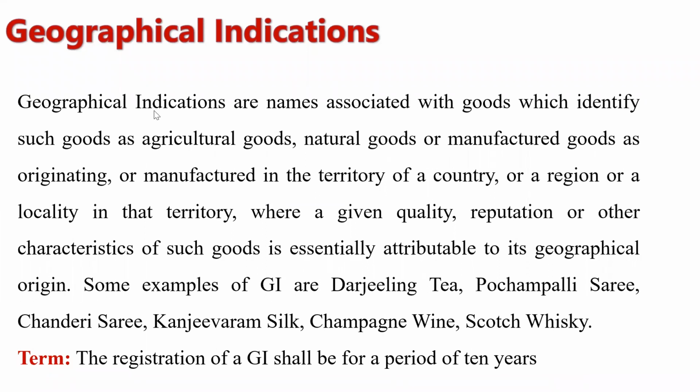That can be registered as a geographical indication. For example, Darjeeling tea. It is a special type of tea from Darjeeling. But the only thing is, this geographical indication cannot be filed by a single person. A group of persons can file this geographical indication registry, and it is only valid for 10 years.